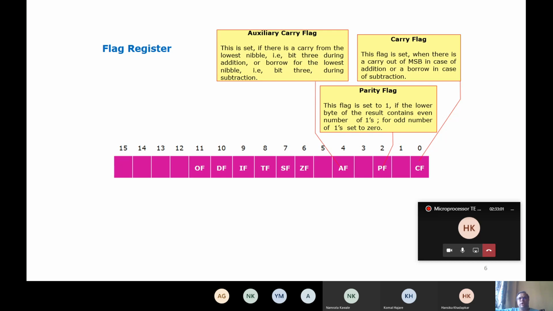If I perform addition of two 8-bit numbers, the result may be a 9-bit number, but the destination, since it is only an 8-bit register, cannot store 9 bits. So the destination can hold only 8 bits. The 9th bit is present in the carry flag. So this is the indication. When the carry flag is set, you should be aware that the 8-bit number present in the destination register is not the complete result.